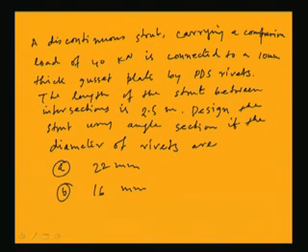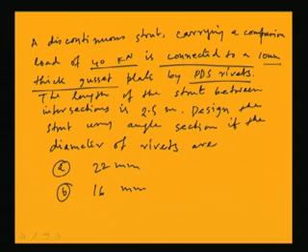So, here we will see the member is carrying 40 kilonewton load, and it is connected to a 10 mm thick gusset plate by power driven shop rivets. The length of the strut between intersections is 2.5 meter, which is given. Now, design the strut using angle section, it has been told.